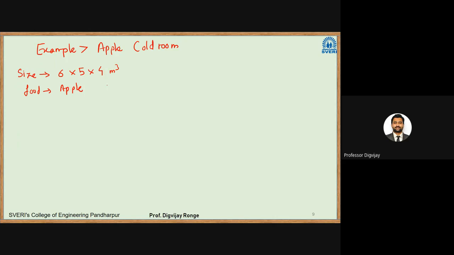Note the apple, I'll give some values. Cp in that case, so Cp means specific heat of apple. It is given as 3.65 kilojoule per kg Kelvin. Okay. And the next thing, for this apple, we know that they have given this respiration rate.